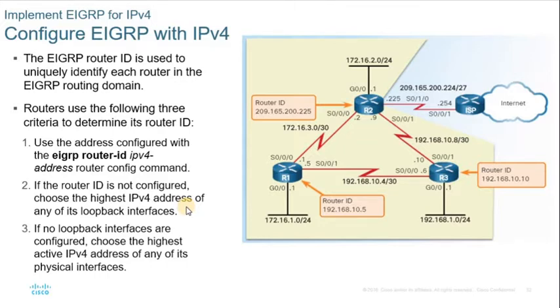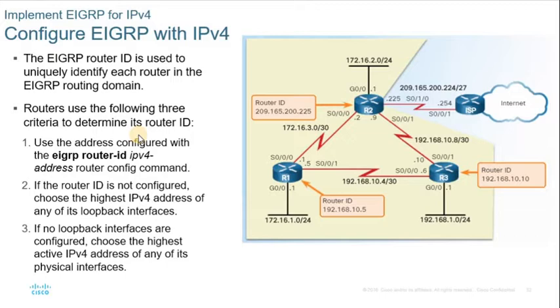Whenever you run the EIGRP dynamic routing protocol, EIGRP router IDs are used between routers to uniquely identify each of them in the EIGRP routing domain.